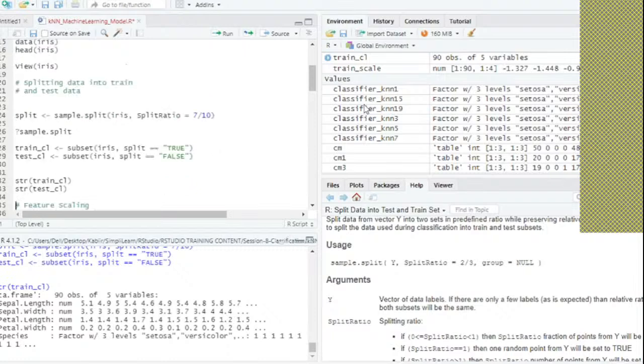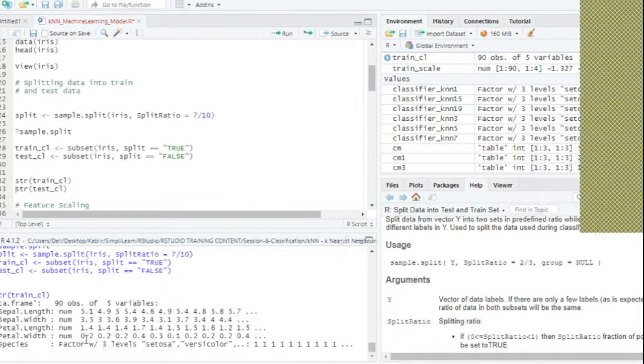Okay, I got it. You know what's happening? See, it has 3 species levels, right? So it is classifying into train and test so that the species ratio is maintained, right? Because there are 3 categories of species.